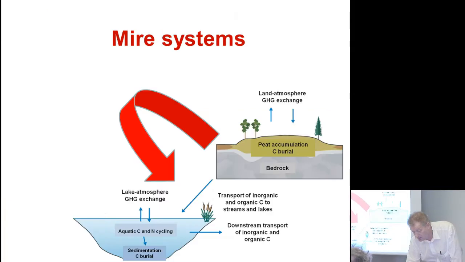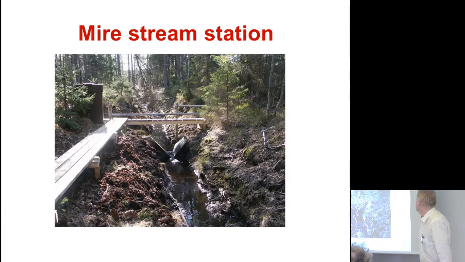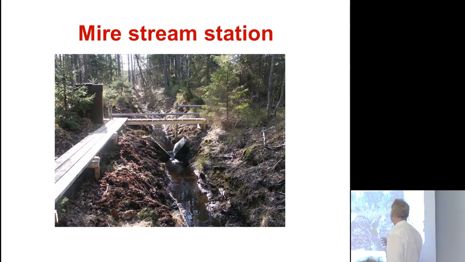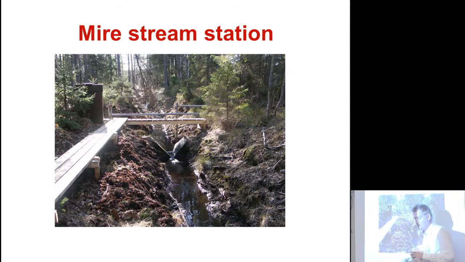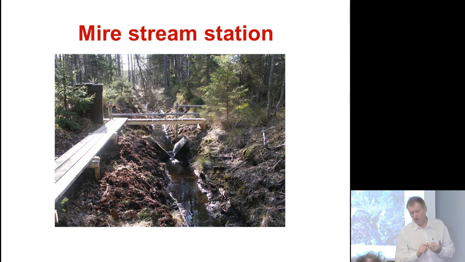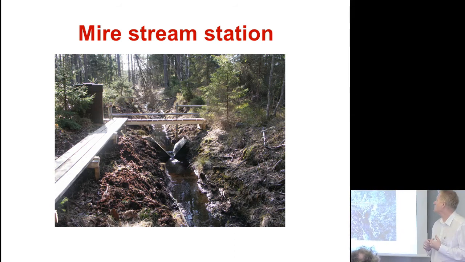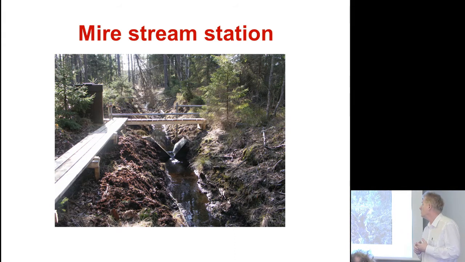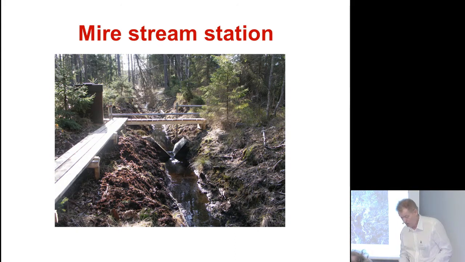And that is the next step. We measure the flow out, and we do that with several of these automatic stations that we have set up at Skogaryd, where we measure the flow, but we also measure the concentration of different matter that is in the stream and look at the quality. So we can really close the system.